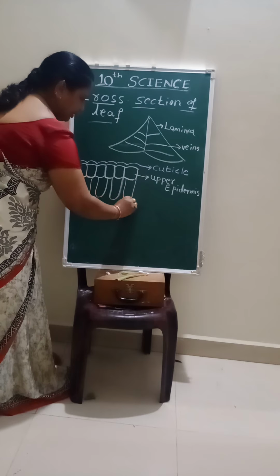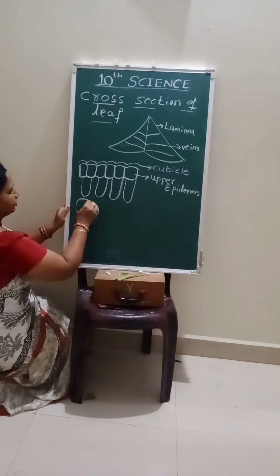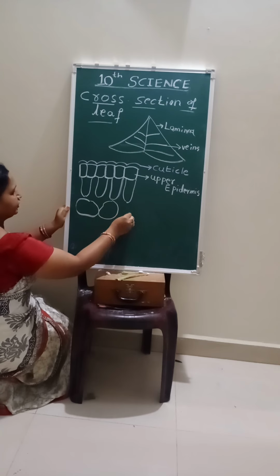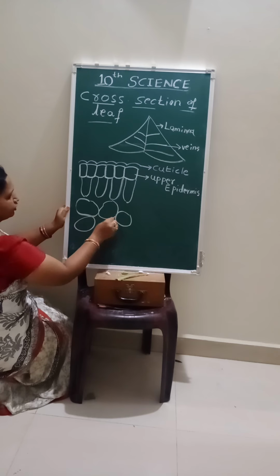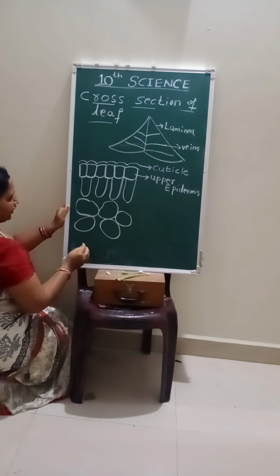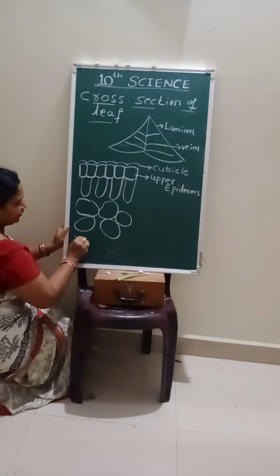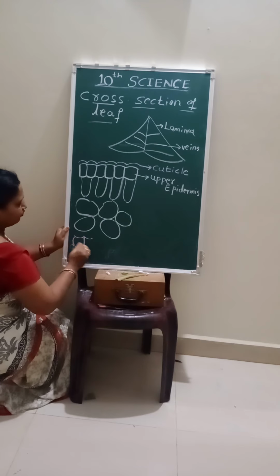And there is a loosely arranged mesophyll tissue. The loosely arranged mesophyll tissues are there here. You can draw like this. Very simple diagram. And here we are going to draw the lower epidermis. See, this is the lower epidermis.